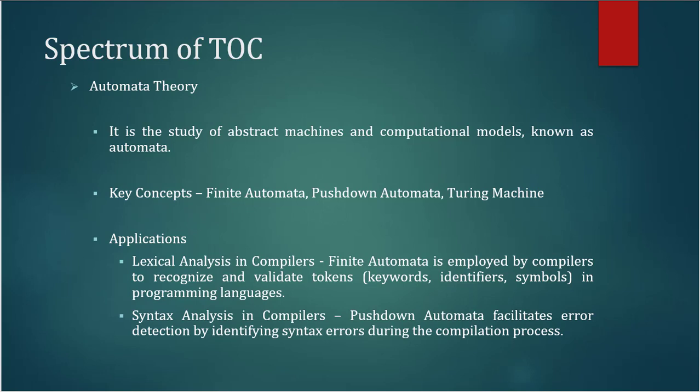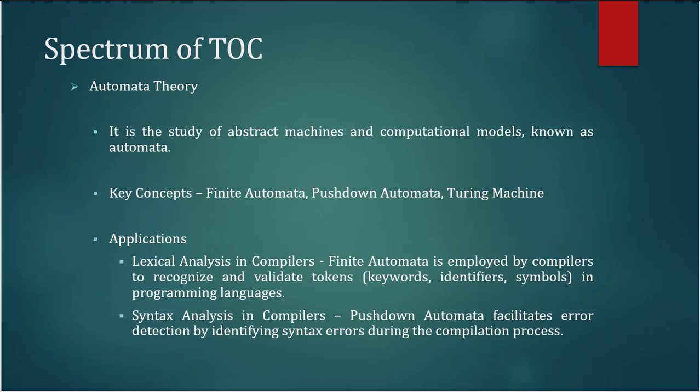In automata theory, we talk about the formal models of computation such as finite automata, push-down automata, and Turing machines, because different problems require different types of solution models. Real-life applications of automata theory include lexical analysis in compilers.